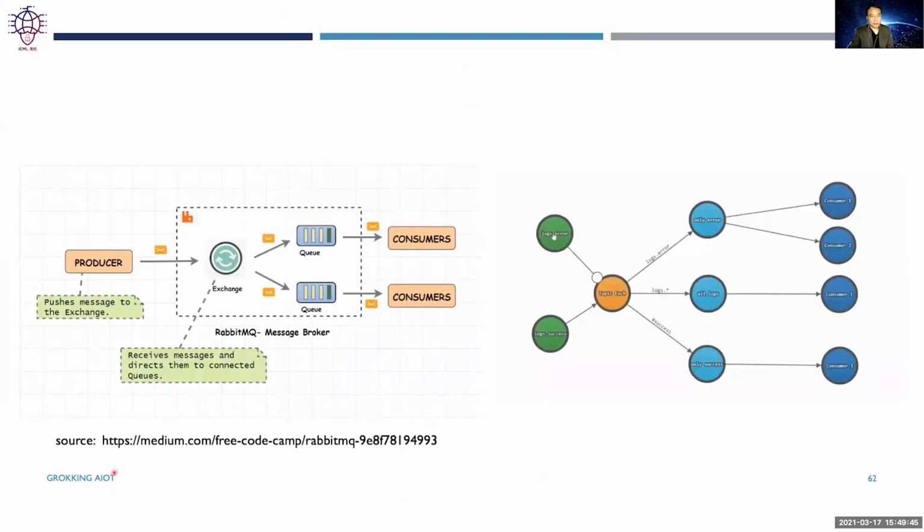So here's the AMQP. RabbitMQ is a very common, very popular message broker implementation. So it does support AMQP. So here you can see that the information that's being produced will be sent to the front receiving end called the exchange. And in the AMQP broker, there will be multiple queues. So in the case of a direct exchange, the message will be just forwarded to one single queue and then finally to the consumer.